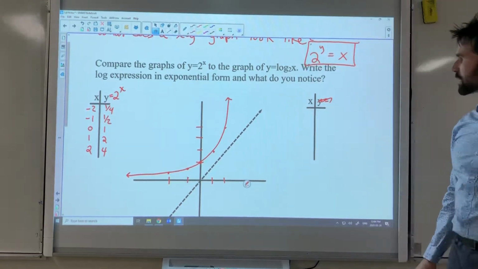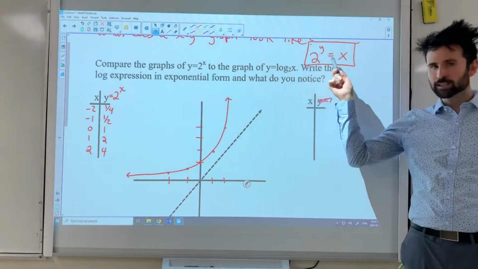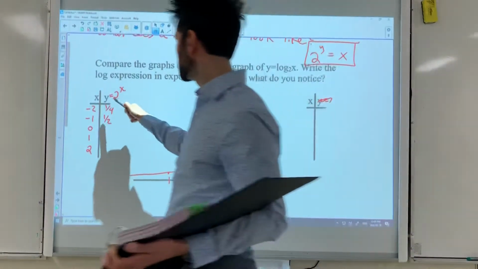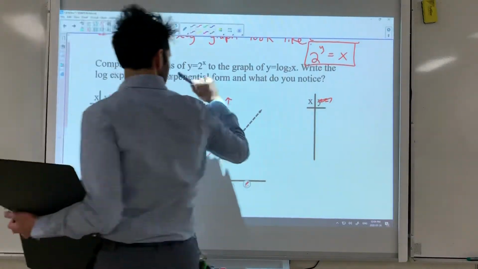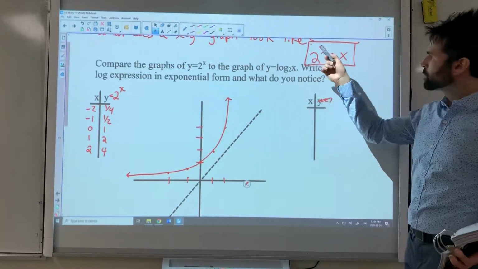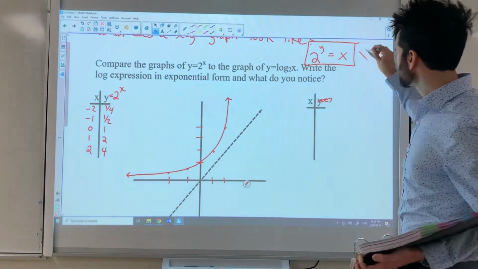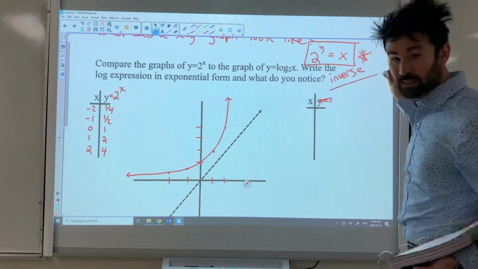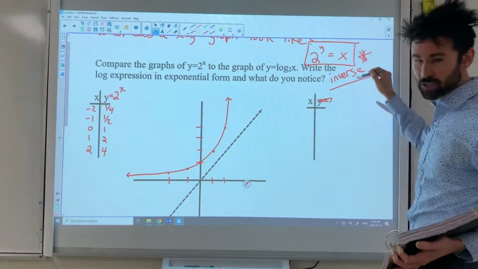So here's the log graph written in exponential form. X and y traded places. It used to be y equals 2 to the power of x, and now it's 2 to the y equals x. We know what this is called. This is called an inverse, right? When y and x trade places.